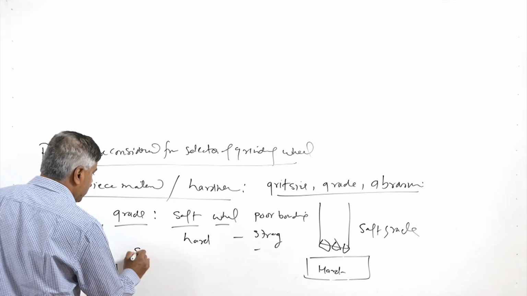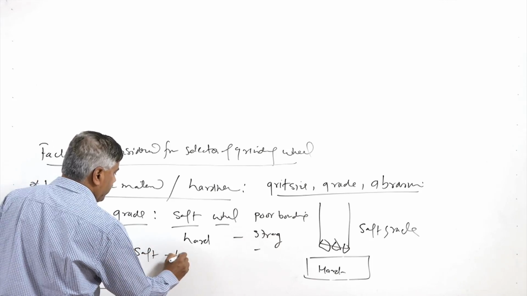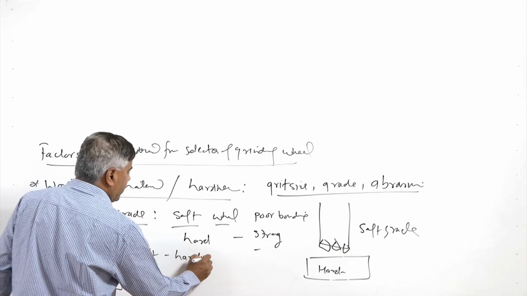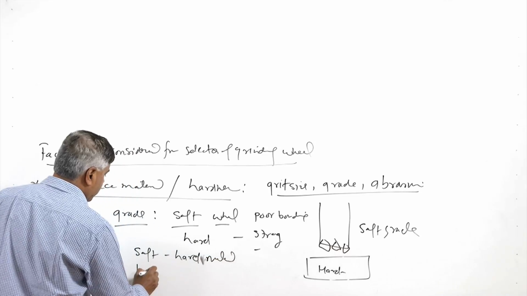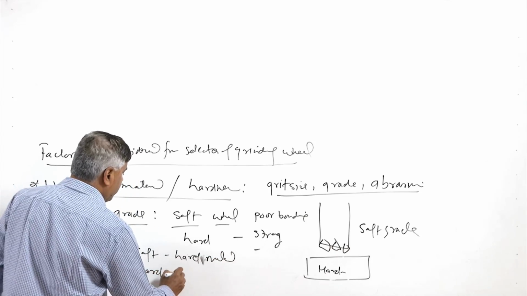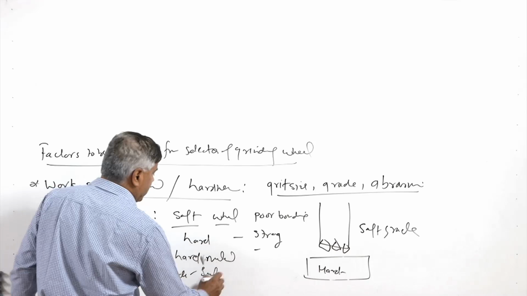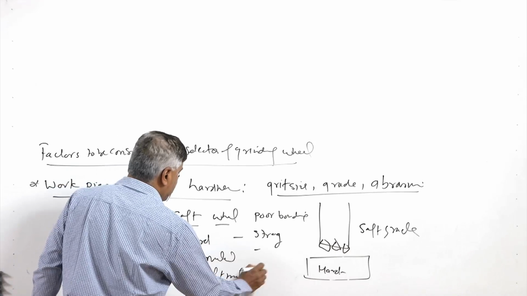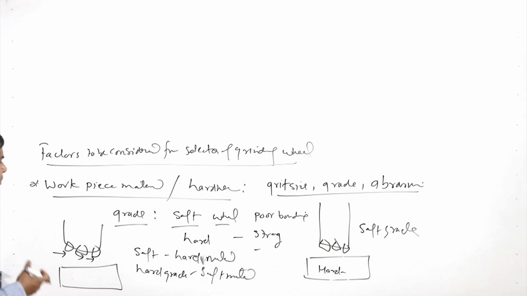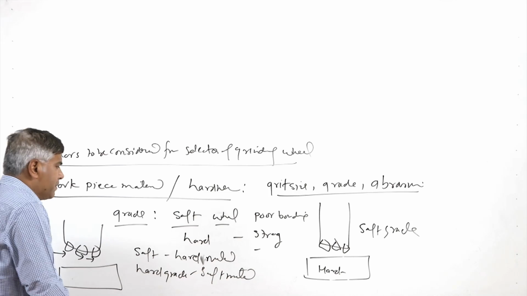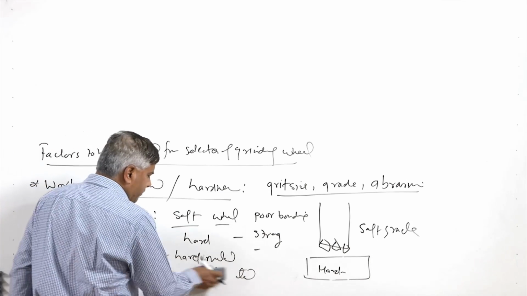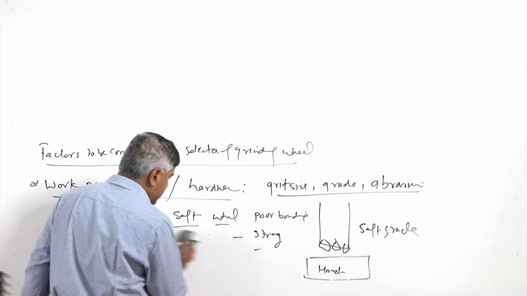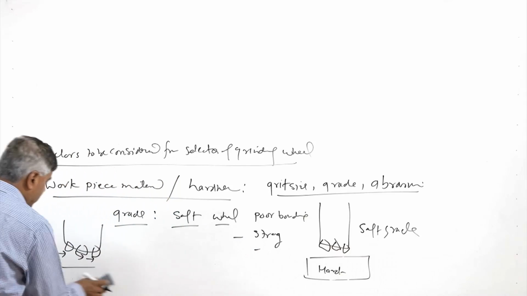So that is why soft grade is preferred for hard metals and hard grade for soft metals, because whatever little forces are acting onto the abrasives, under those forces the hard grade will be able to withstand effectively.